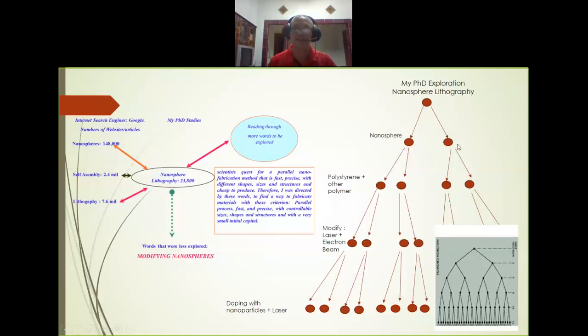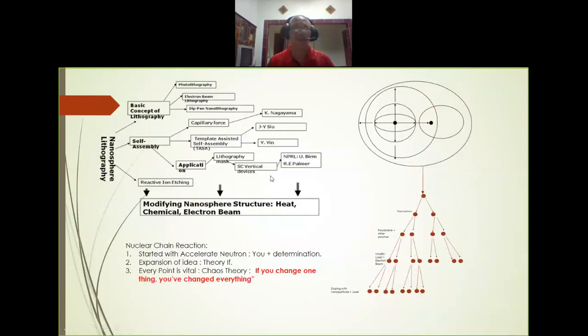So it's a very simple way to look at how to explore your PhD. Okay, the same goes here: you start at one point, you end up at many.